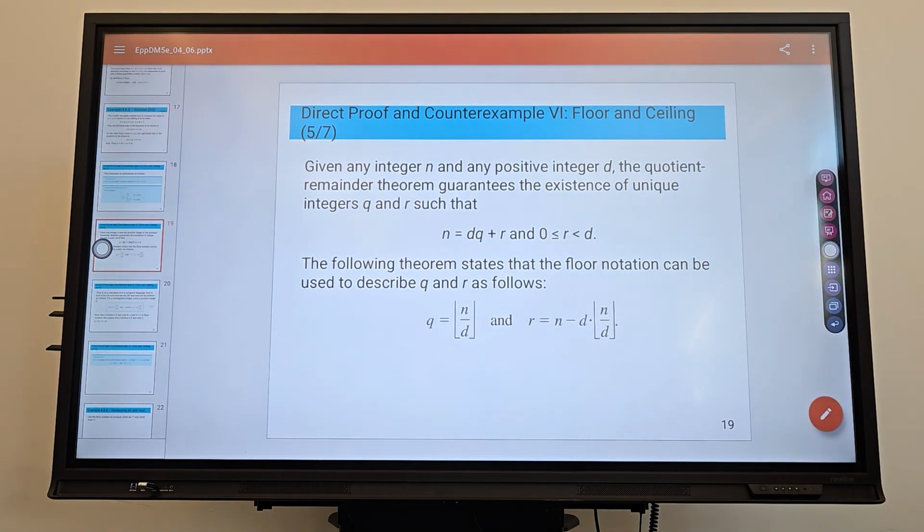Given any integer n and any positive integer d, the quotient remainder theorem guarantees the existence of unique integers q and r such that n equals dq plus r. The following theorem states that the floor notation can be used to describe q and r: q is the floor of n divided by d, and r is equal to n minus d times the floor of n divided by d.